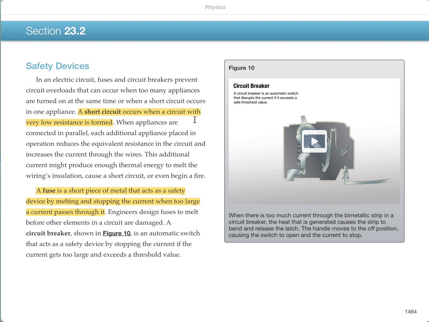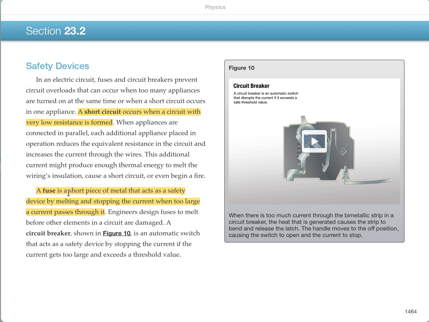Well, high currents are dangerous, as we talked, because charge moving through wires can make the wires get hot, and if you get too large a current, your wires can get too hot and you can burn your house down. So you want to avoid short circuits.